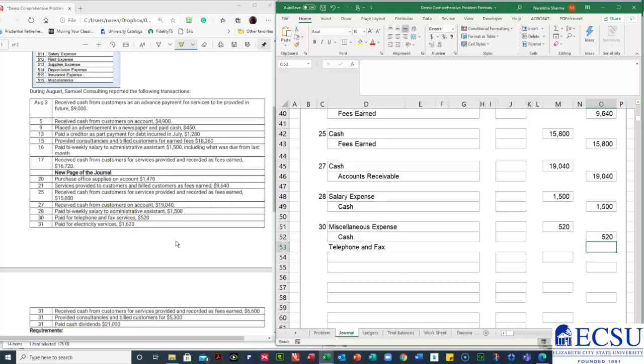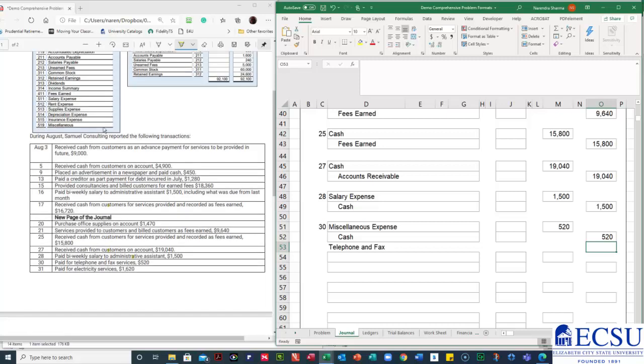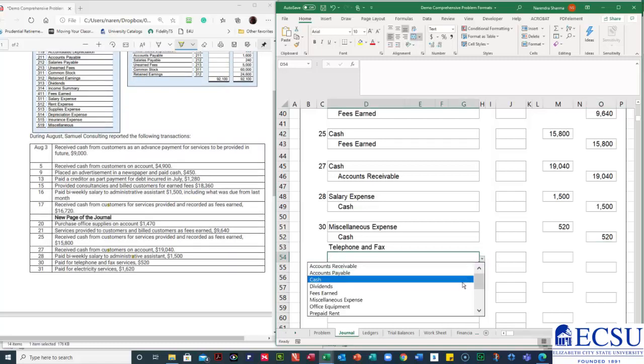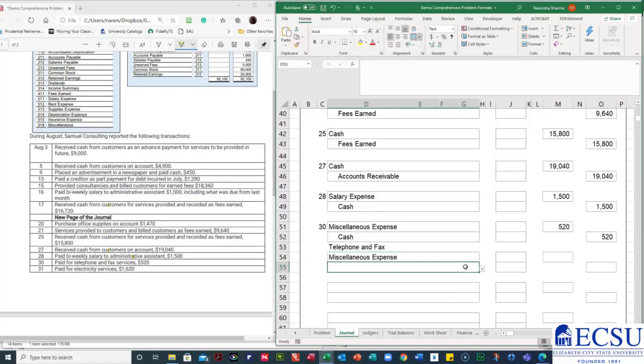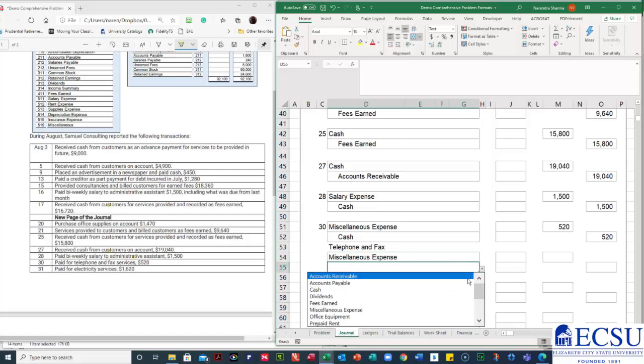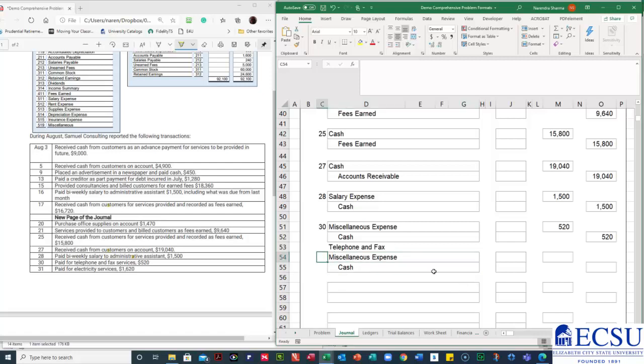520. Now again, you can see the next is paid for electricity services. I don't have electricity expense or utilities expense here, so I'm going to book that again as miscellaneous. So let's debit the miscellaneous expense and credit cash. This one is on August 31st.